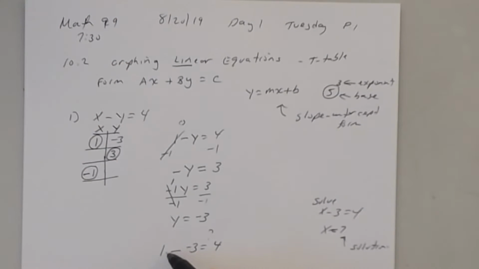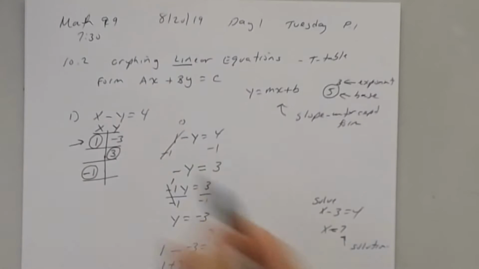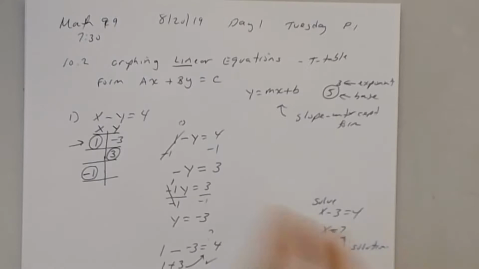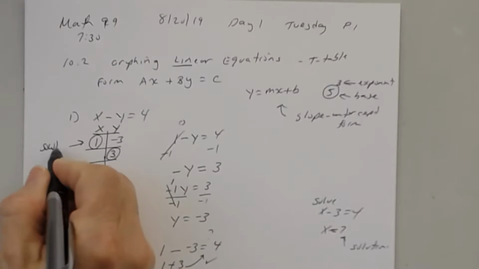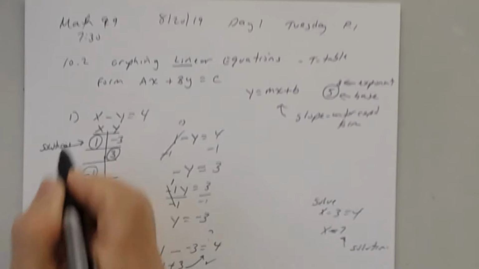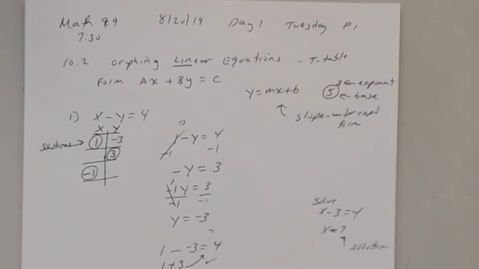Okay? Well, 1 subtract negative 3 means the same thing as 1 plus what? 3, which is what? 4. So that equation is a true statement, so this is a solution, just like this was a solution. So whenever you're finding your point, you're finding solutions.